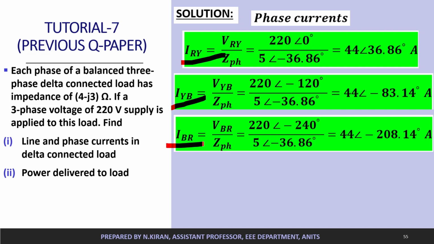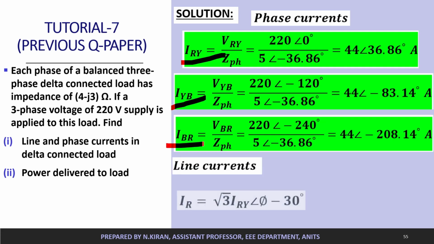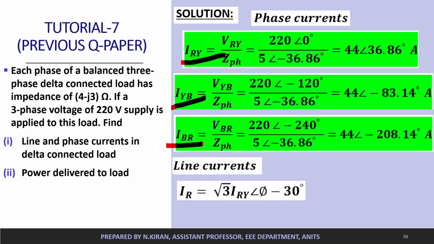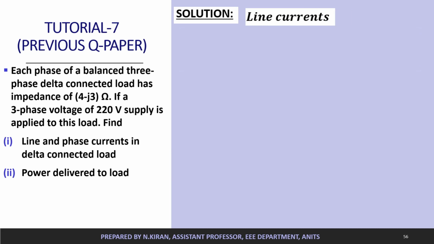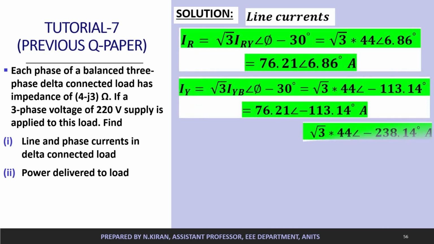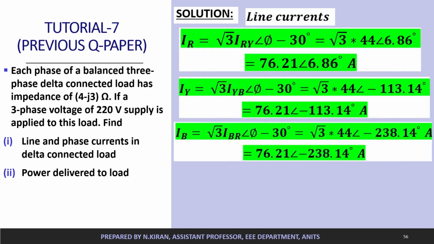For the line currents, the magnitude of line currents is root 3 times the magnitude of phase currents, and every line current will lag the respective phase current by 30 degrees. So on substituting the formulas, I'll get the three line currents for the given delta connected load.